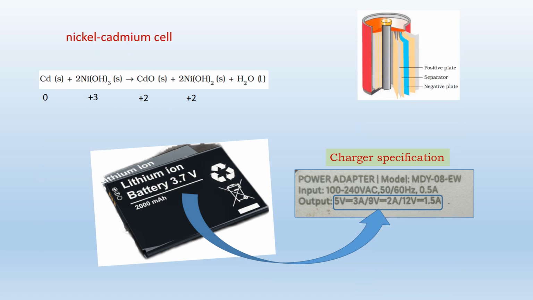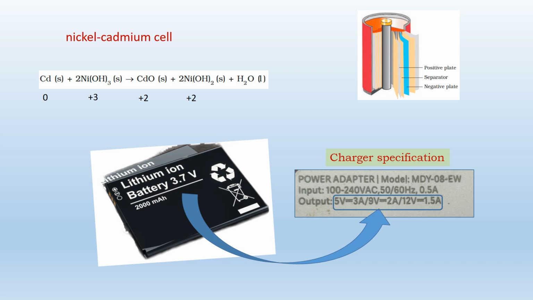Nickel cadmium cell. Nickel cadmium cell is a secondary battery, you can recharge it. Here cadmium acts as anode and nickel acts as a cathode. That is, nickel trihydroxide acts as a cathode. And in the anode part it gets oxidation. Cadmium is oxidized from 0 oxidation state to +2 oxidation state.